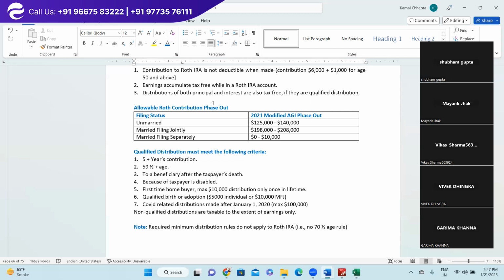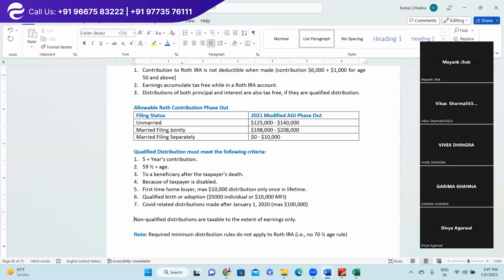Maximum $100,000 for COVID related distribution. Non-qualified distributions are taxable to the extent of earnings only. Any qualified distribution is okay, but any non-qualified distribution is considered ordinary income.